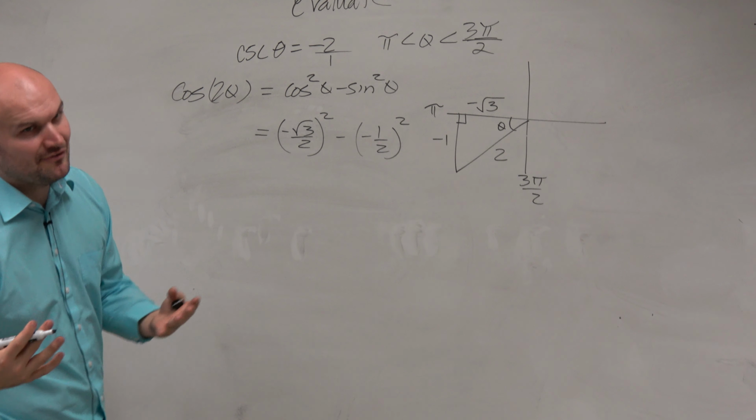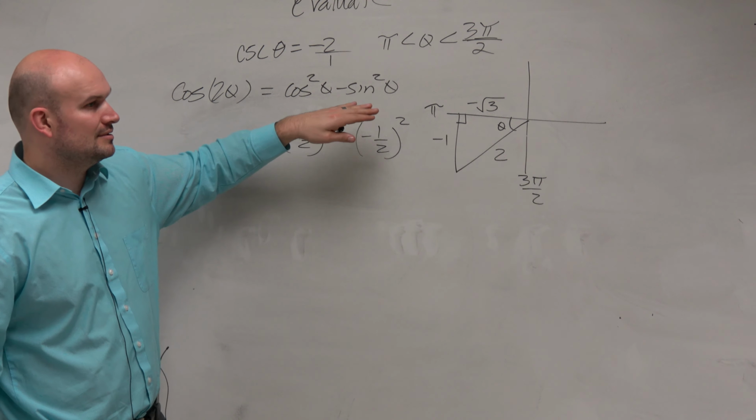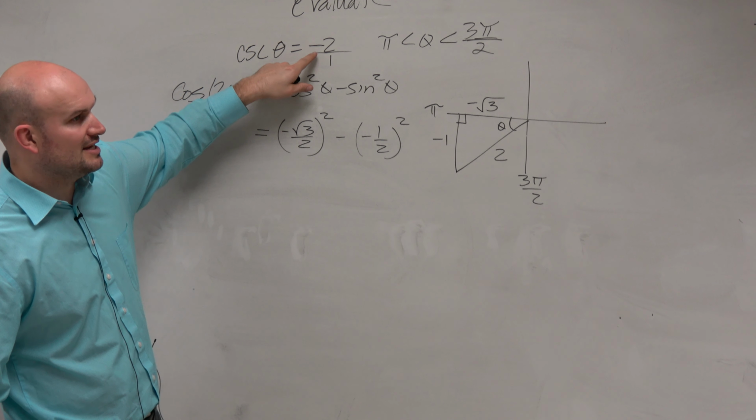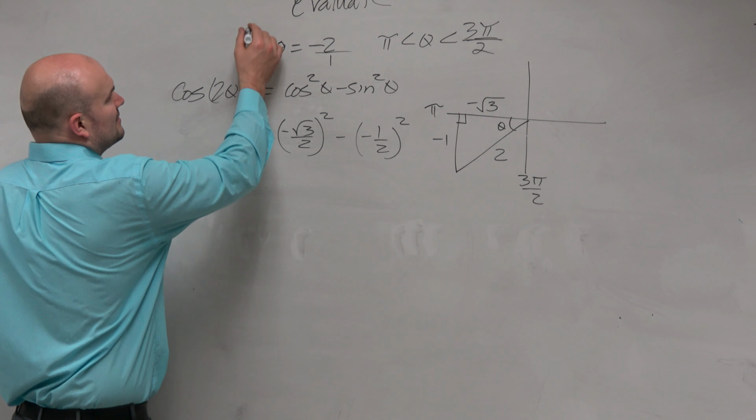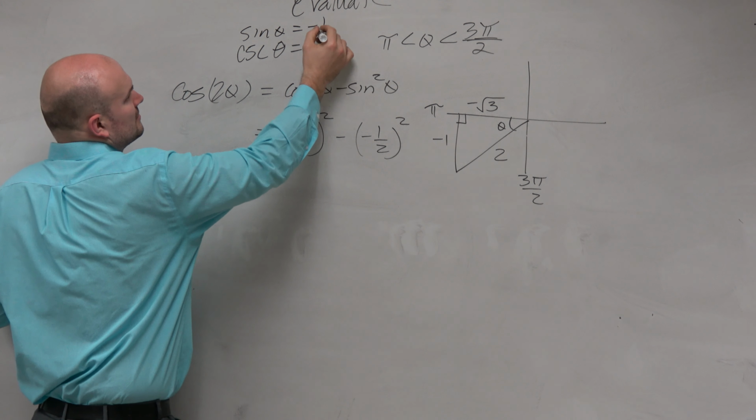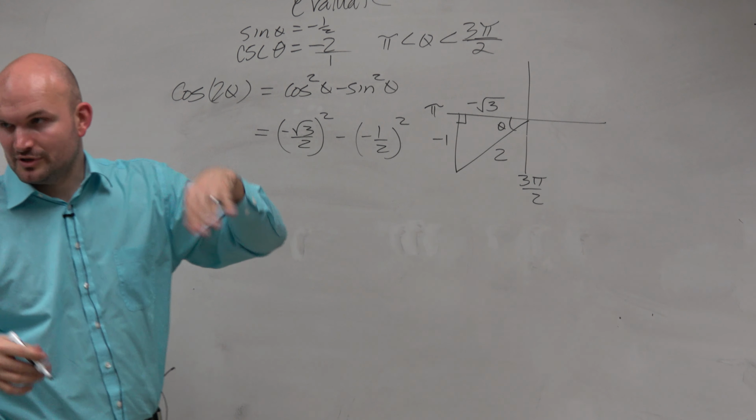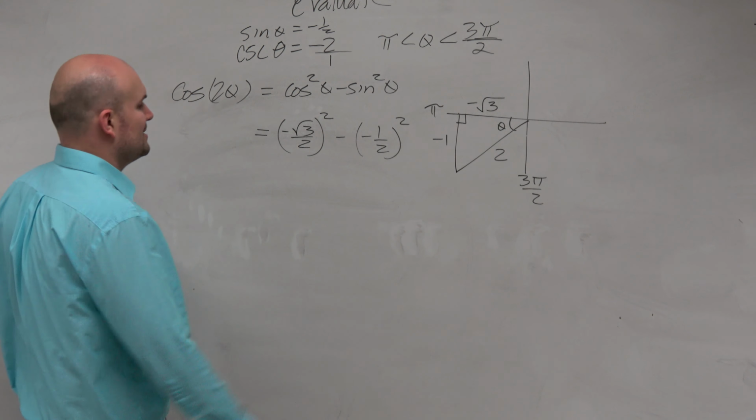And also, FYI, if you didn't already notice, we could have just realized that this was the same thing as the reciprocal function, and you could have gone from there too. But anyways, we square this, so that's going to be 3 over 4 minus a positive 1/4, which equals 2 over 4, which simplifies to 1/2.